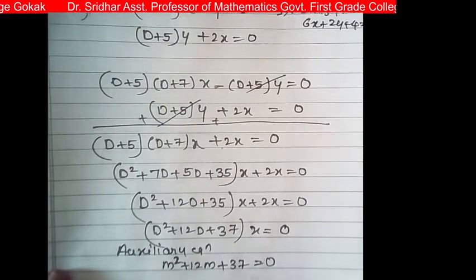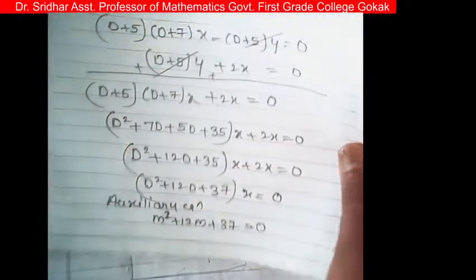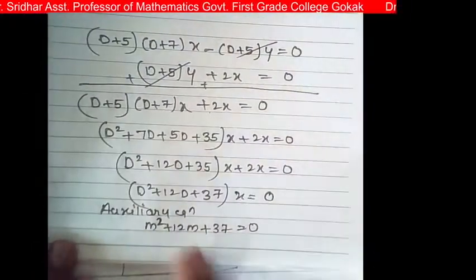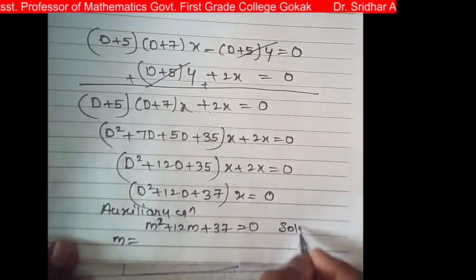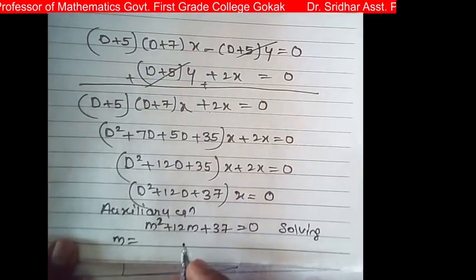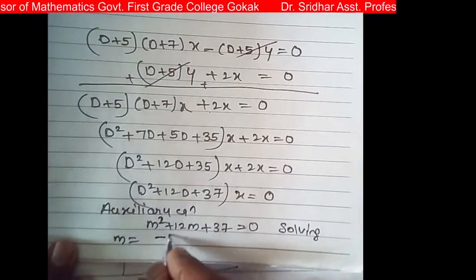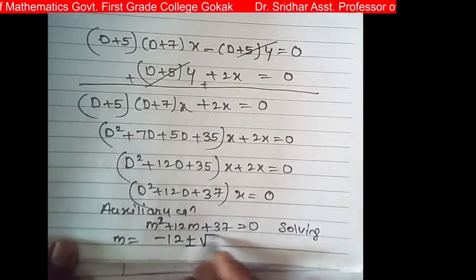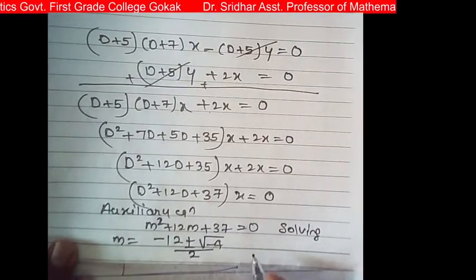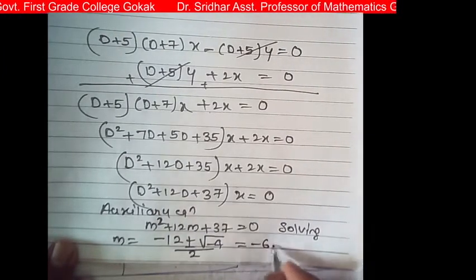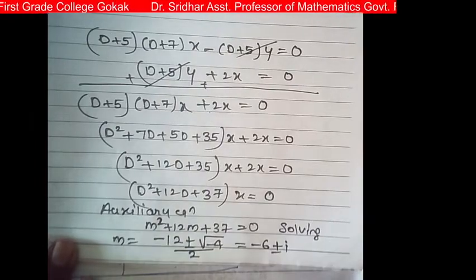Now on solving this equation, either you apply the quadratic formula or any other factorization method, then we get m equal to (-12 plus or minus the square root of -4) divided by 2. Simplifying, we get -6 plus or minus i.